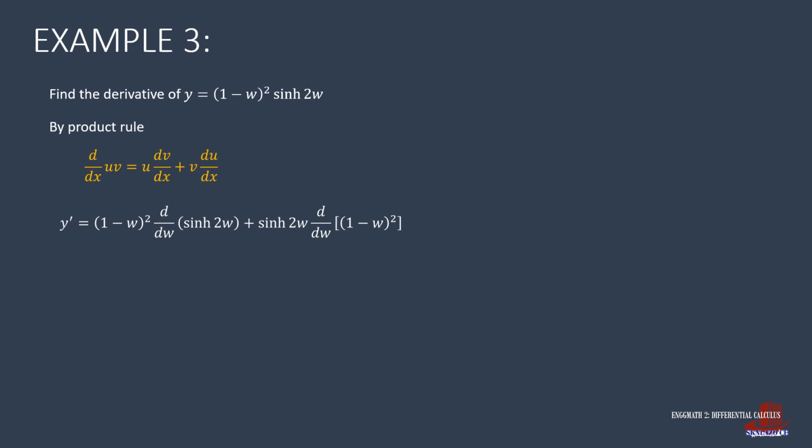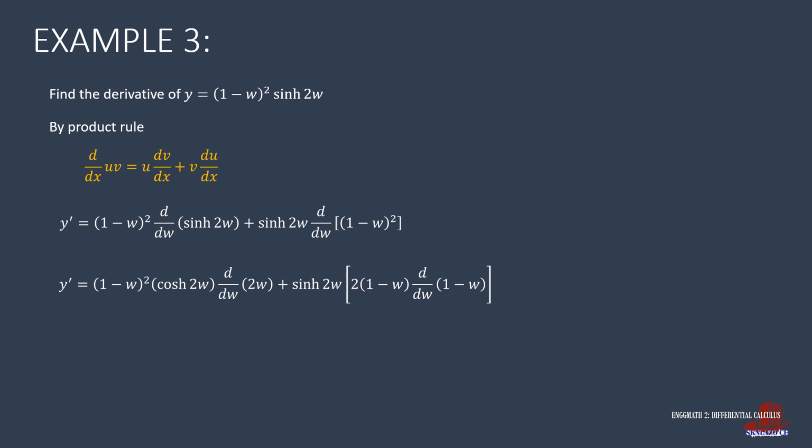With the derivative already focused on specific terms, we can check that the derivative of hyperbolic sine 2w is hyperbolic cosine 2w times the derivative of 2w. Just the same, the derivative of the square of 1 less w is 2 times the quantity of 1 minus w times the derivative of the binomial, as we work with the power rule.